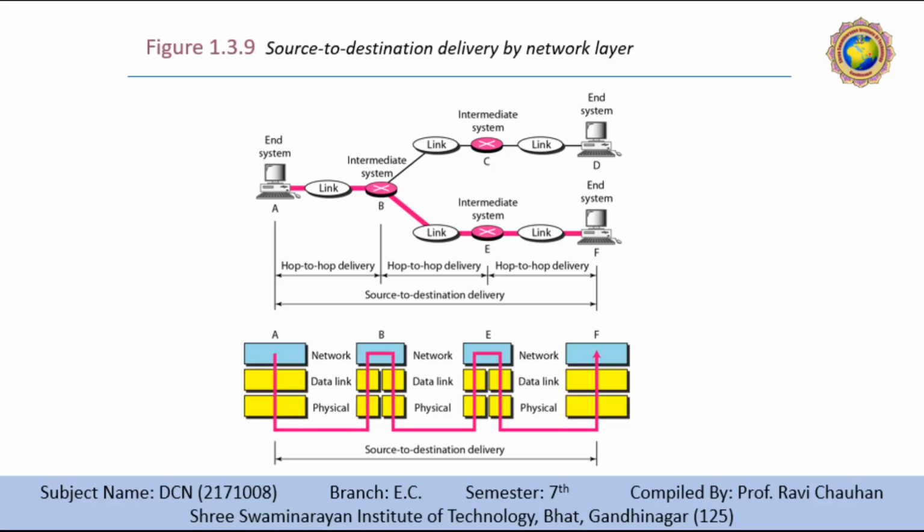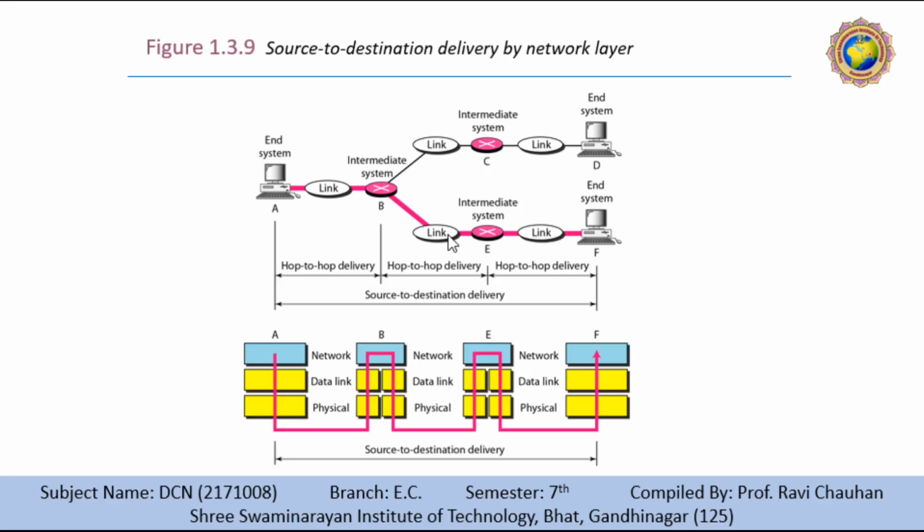The network layer at A sends the packet to the network layer at B. When the packet arrives at router B, the router makes the decision based on the final destination F of the packet. As we will see in a later chapter, router B uses the routing table to find the next hop, router E.